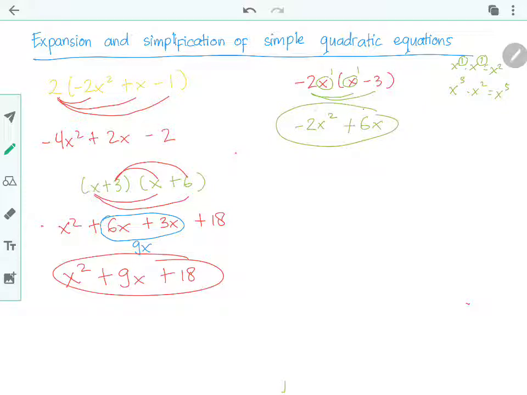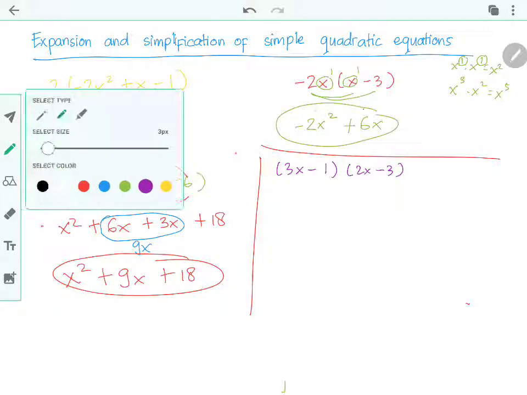Now next part, I'm going to use another example, still from the class discussion, page 084. Let's say I have 3x minus 1 multiplied by 2x minus 3.